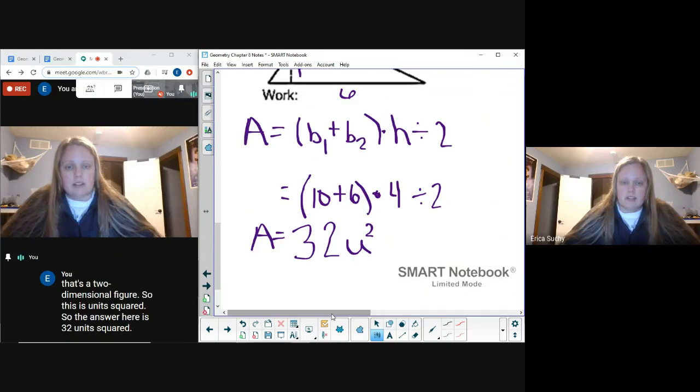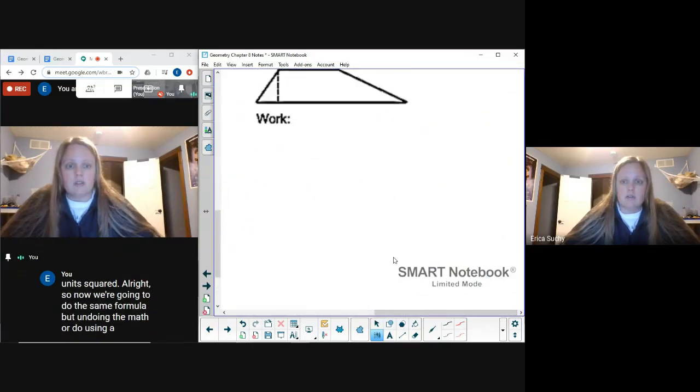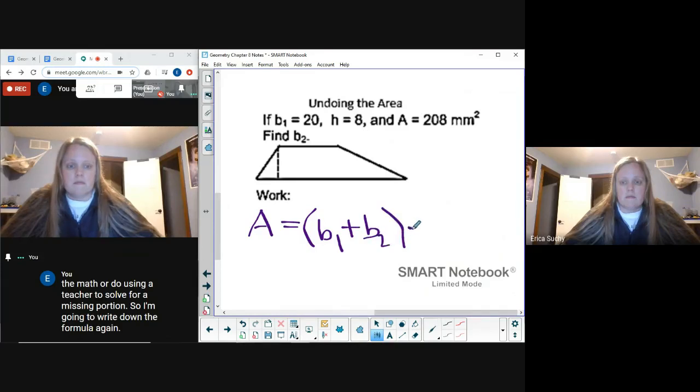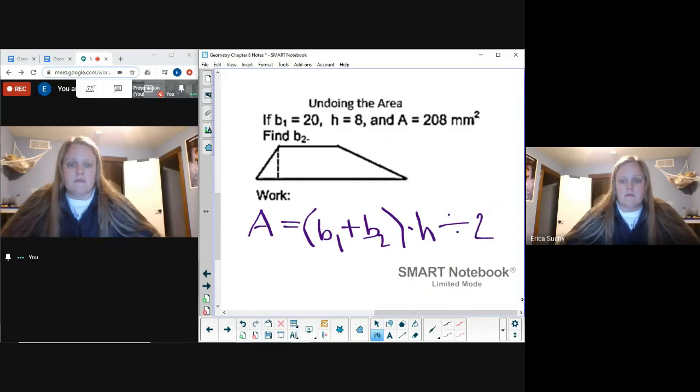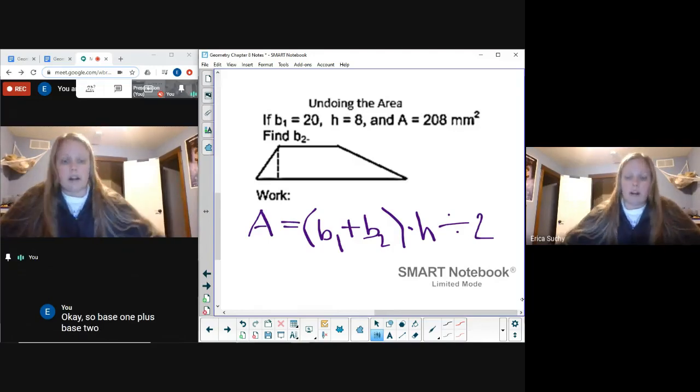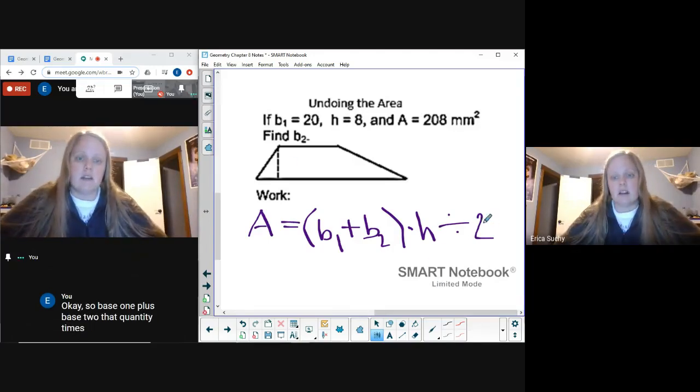All right, so now we're going to do the same formula, but undoing the math or using a T-chart to solve for a missing portion. So I'm going to write down the formula again. Okay, so base 1 plus base 2, that quantity times the height divided by 2.